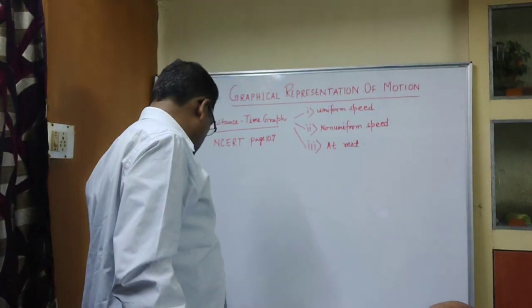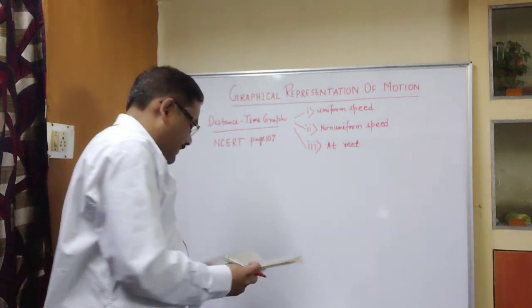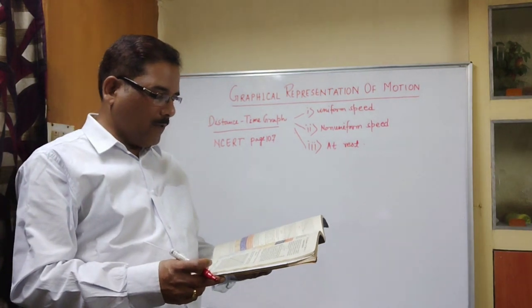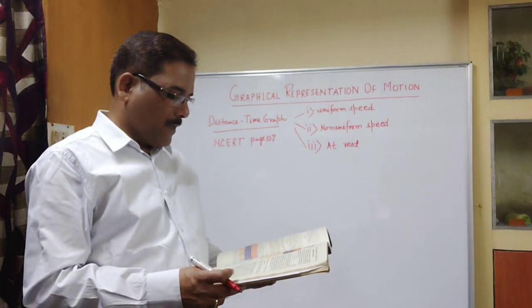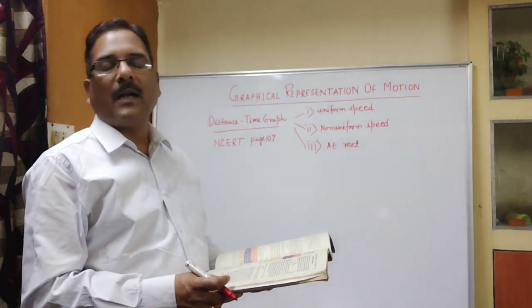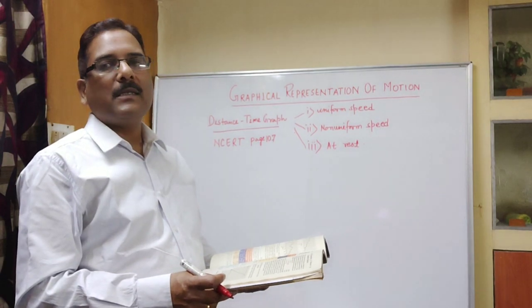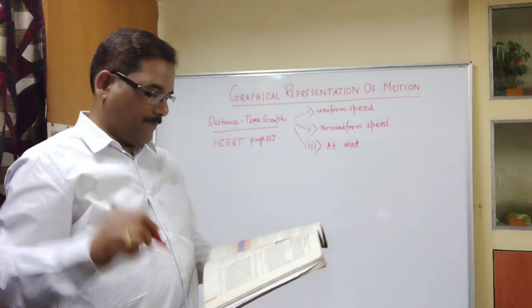The first question is, what is the nature of the distance-time graph for uniform and non-uniform motion of an object? As we have discussed, for uniform motion the graph is a straight line, and for non-uniform motion it will be a curved line.